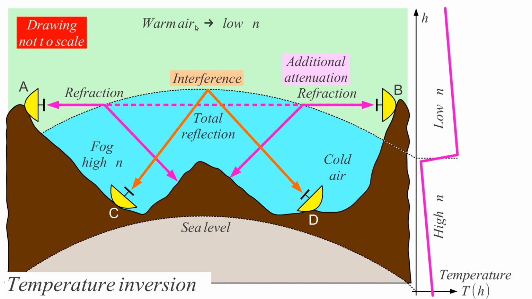The warm air has a much lower refraction index than the cold air, so we may get refraction on this boundary, refraction on the two different refraction indices, and this causes additional attenuation. Worst of all, we may also have total reflection on this boundary, if this is not drawn to scale.